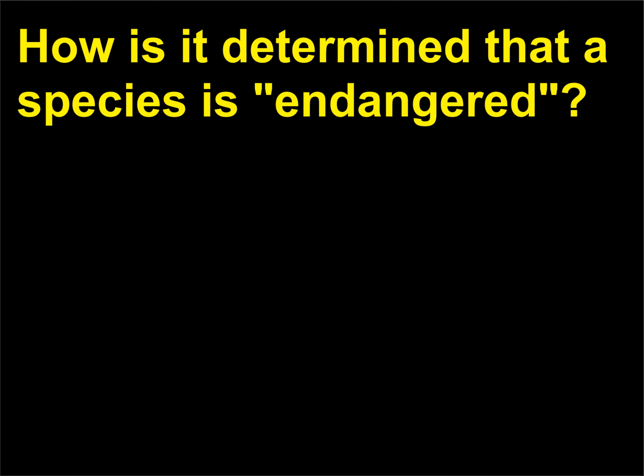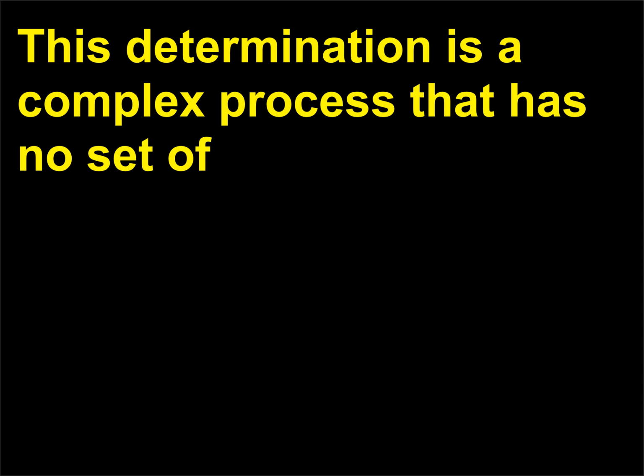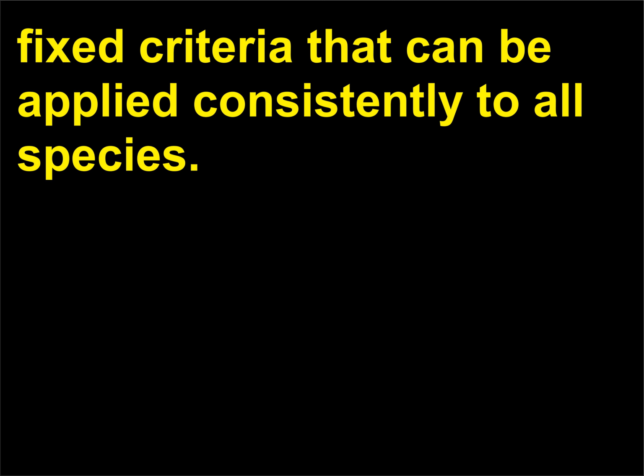How is it determined that a species is endangered? This determination is a complex process that has no set of fixed criteria that can be applied consistently to all species.